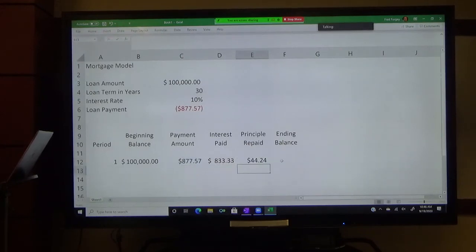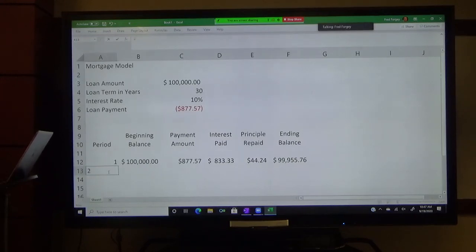Once again, I know this is new. This is all what we did by hand, okay? So you're just simply subtracting the interest from the payment amount to get the principal, and then the ending balance, if you remember, is simply the beginning balance minus the principal repaid, okay?